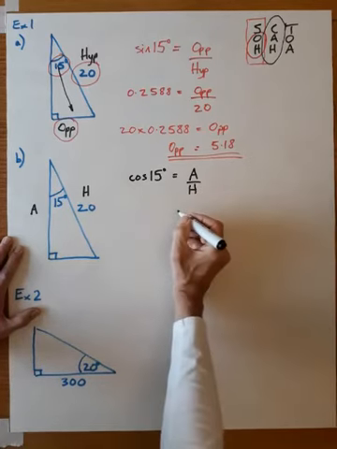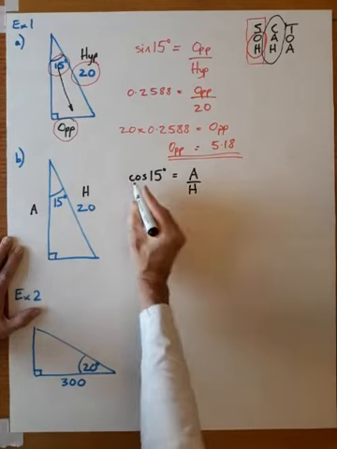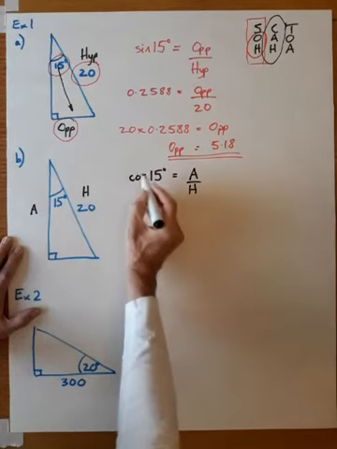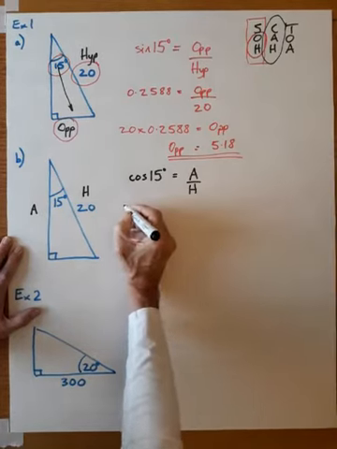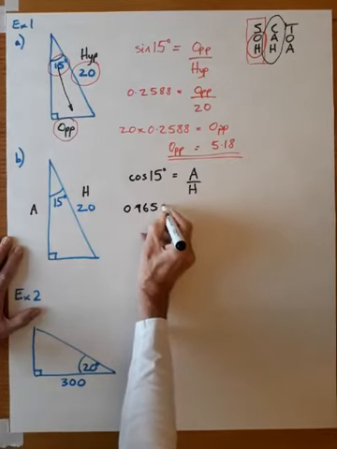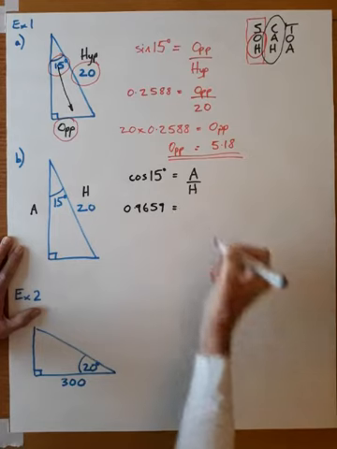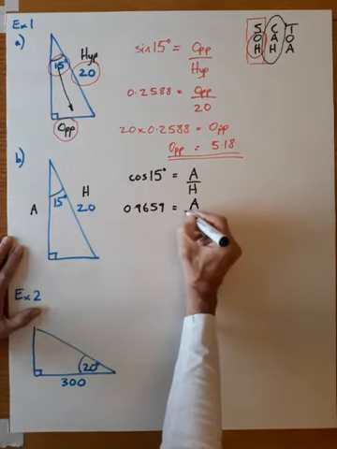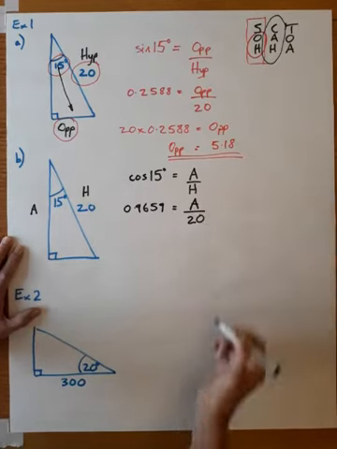At this point, we can take the numbers. Cos 15, 4 decimal places, 0.9659 equals A over 20.